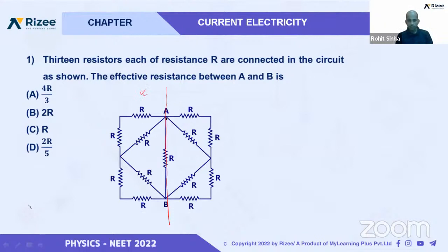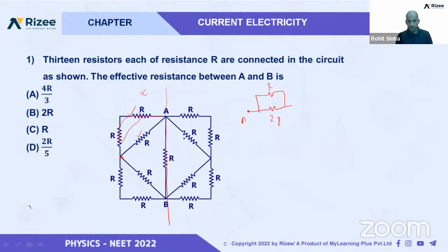Starting from A, you can see it is 2R, both in series. This 2R and this R are in parallel.